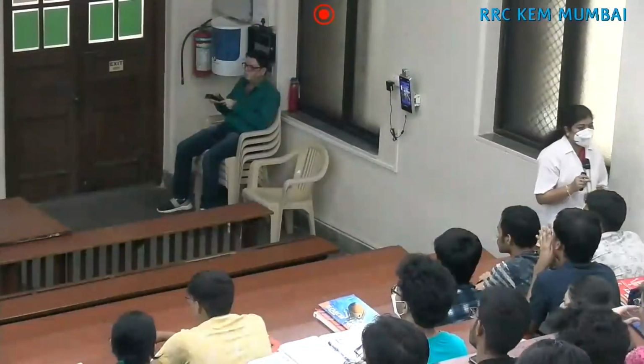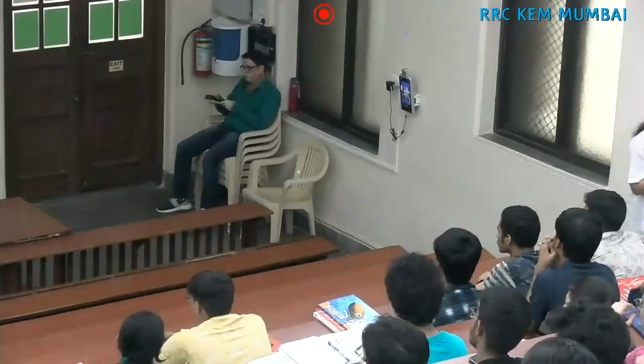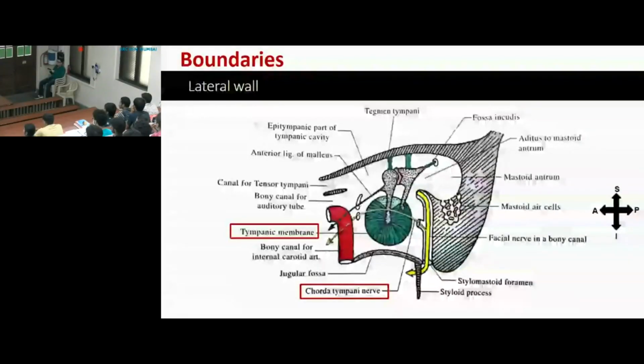So it is in close proximity of the infratemporal fossa. That's how it hands over fibers to which nerve? We are talking about which nerve? Chorda tympani nerve. So it hands over fibers to the lingual nerve in the infratemporal fossa.